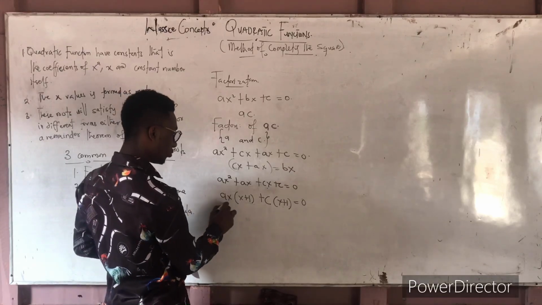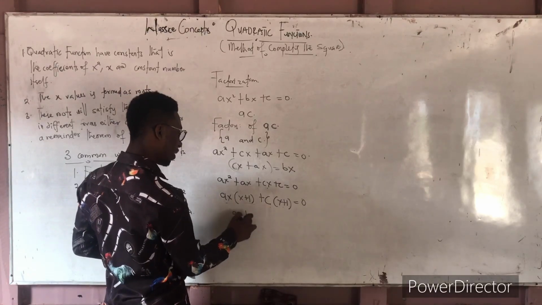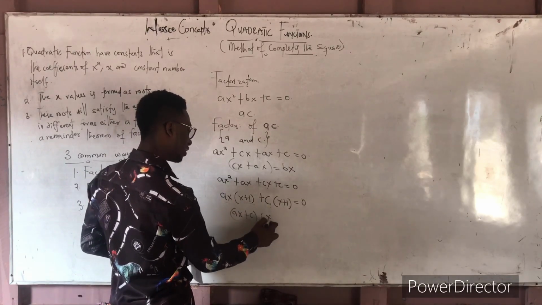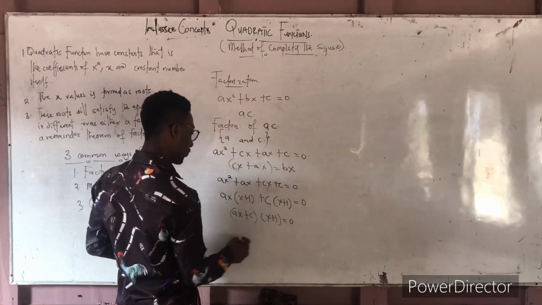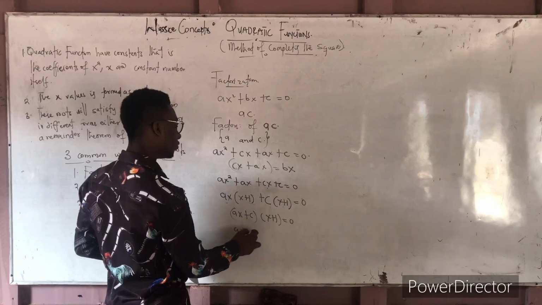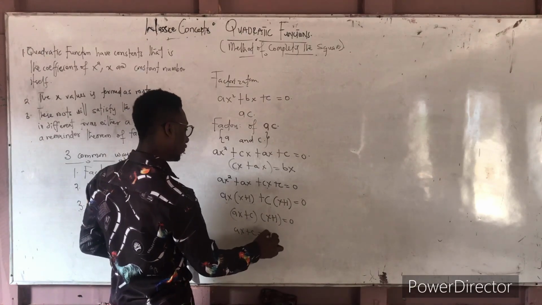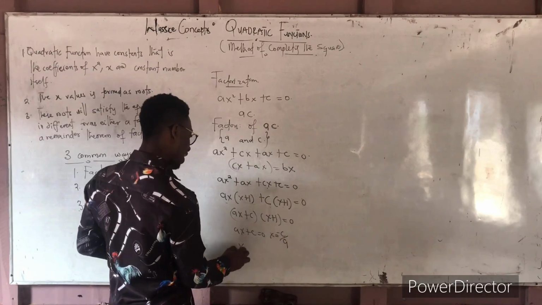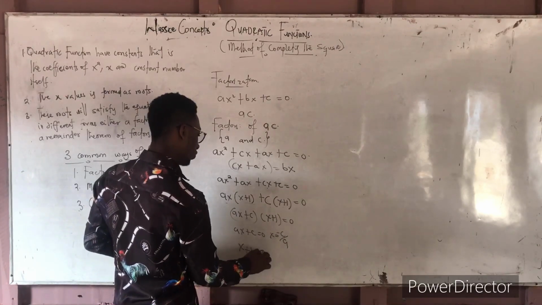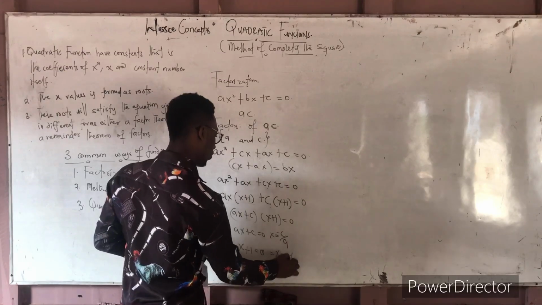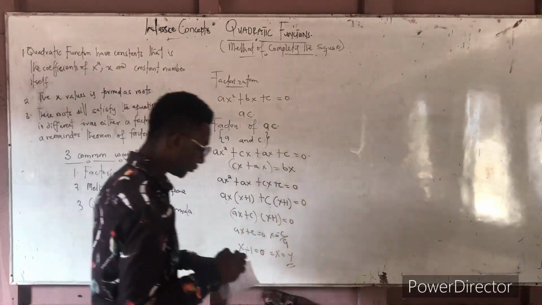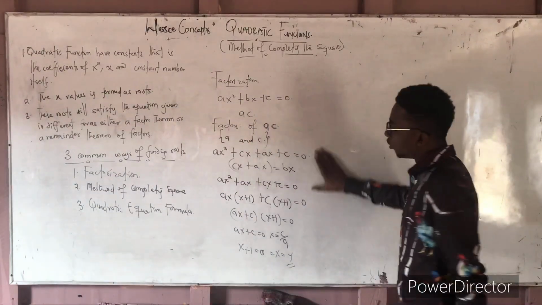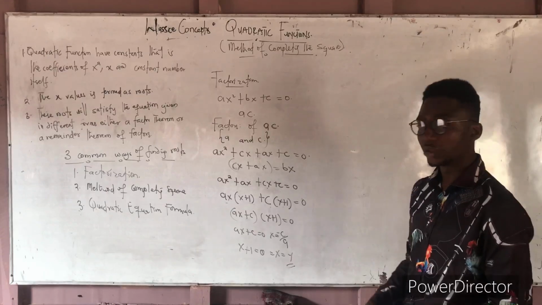So the ones outside become the other bracket, times x plus 1, is equal to 0. Each bracket is then set to 0 to give the roots, such as x equal to minus 1. Okay, this is how you go through the factorization method.